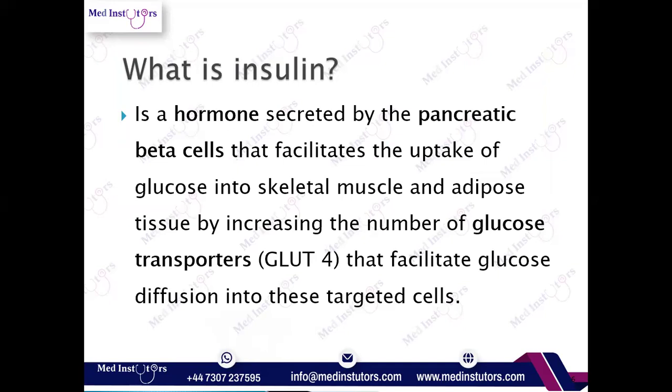And this insulin facilitates the uptake of glucose into skeletal muscle and adipose tissue by increasing the number of glucose transporters, especially the GLUT4 glucose transporter, that facilitate glucose diffusion into these targeted tissues. So that is the function of insulin, and it is produced by the pancreas.